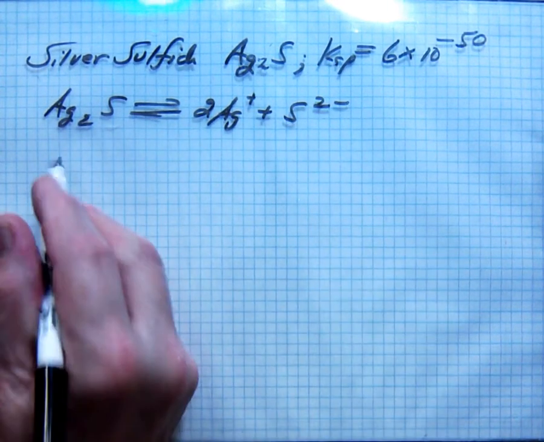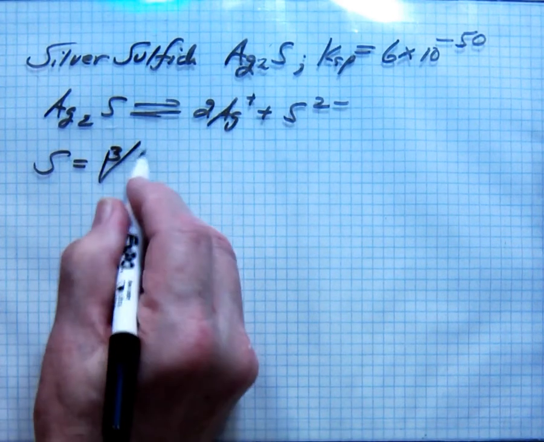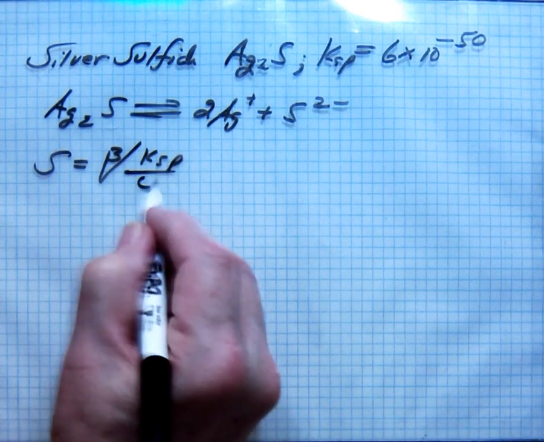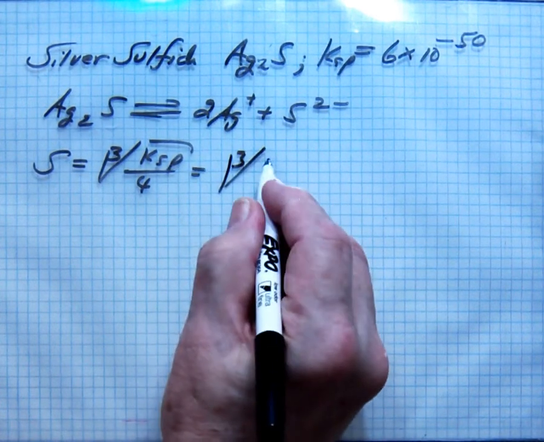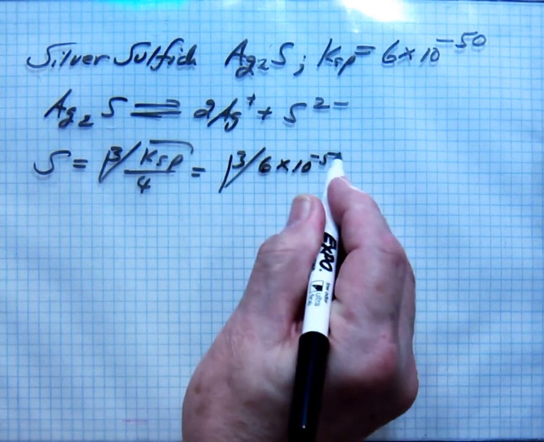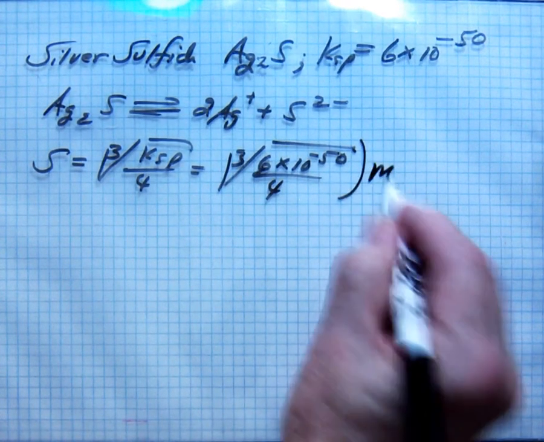This is a 1 to 2. Solubility S is the cube root of KSP over 4. And so that's the cube root of 6 times 10 to the minus 50 divided by 4 in moles per liter.